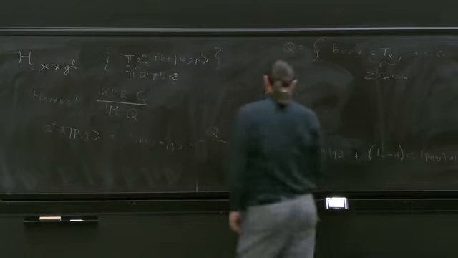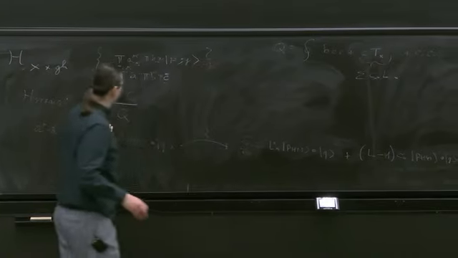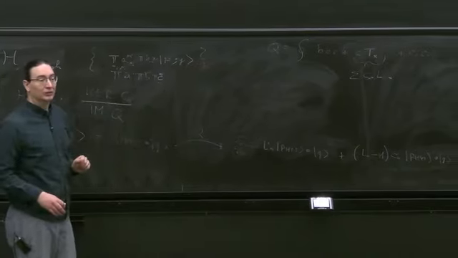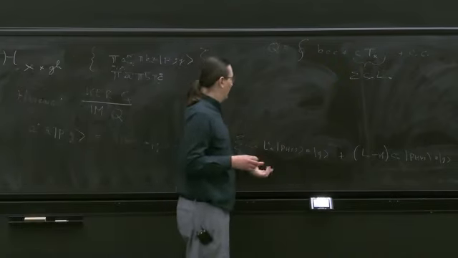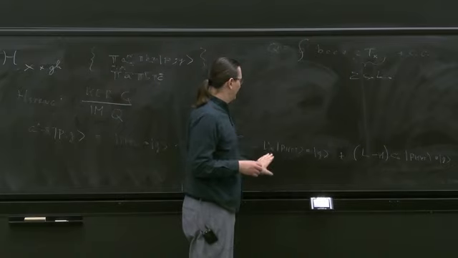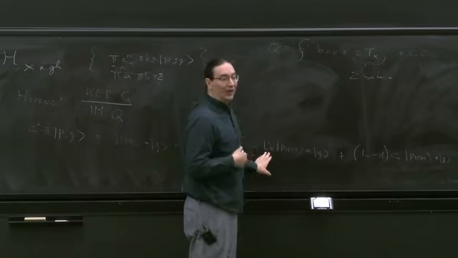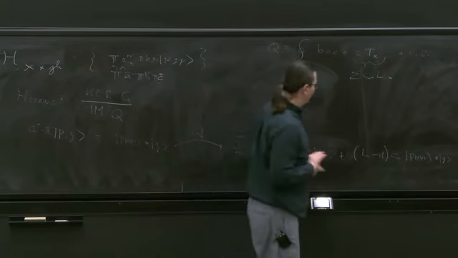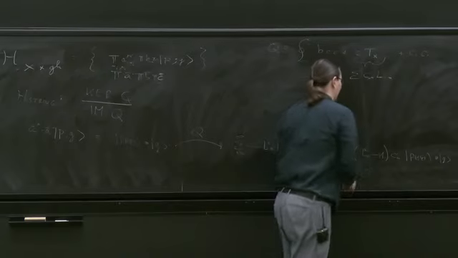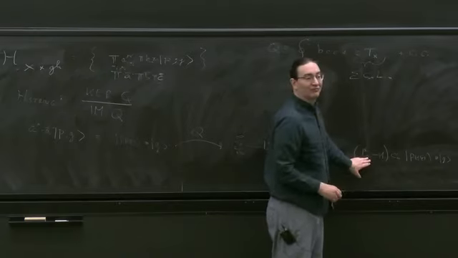So you see now that the condition for this state to be killed by Q is pretty familiar. The physical part of it will have to be killed by half of the modes of the stress tensor, and it will have to have a very specific energy.